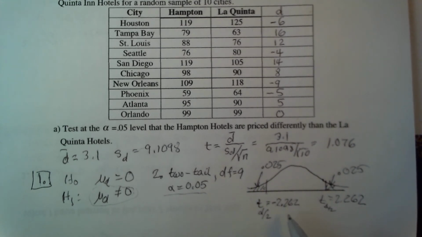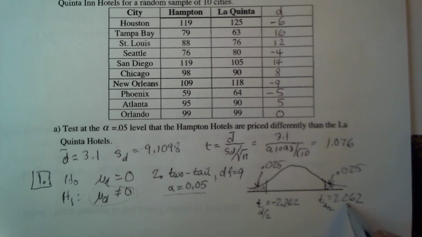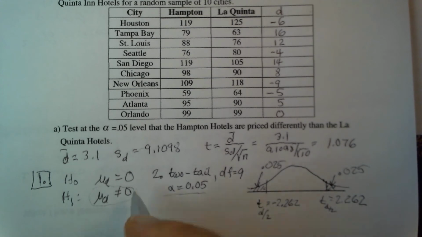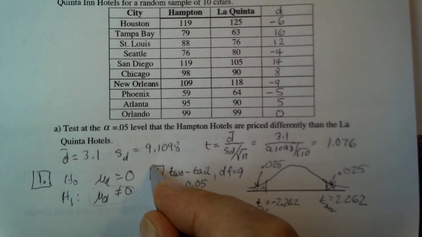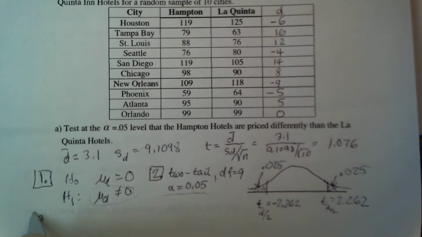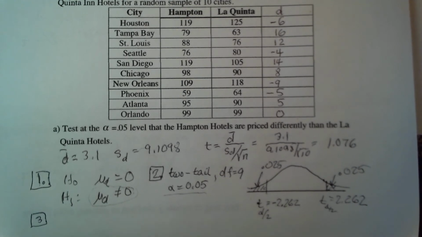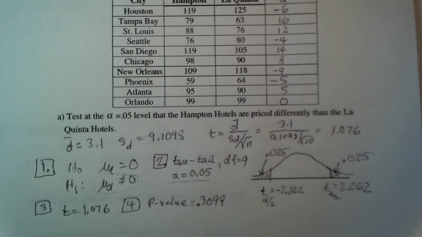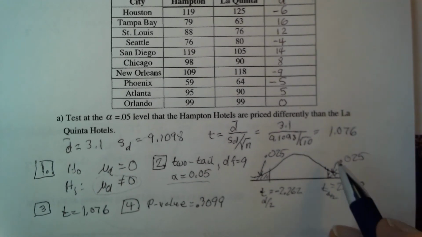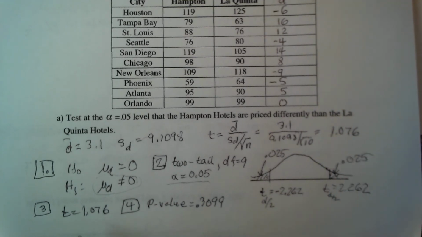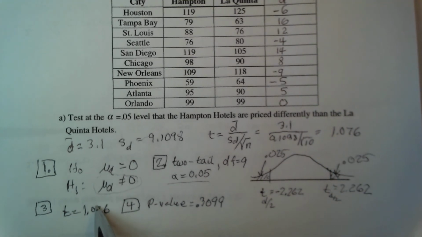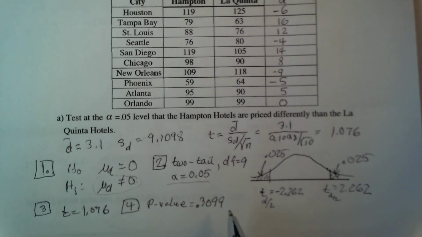And that'll give us critical values of minus 2.262 and positive 2.262. Our test statistic, which we computed up here, is 1.076, and the p-value using technology is 0.3099.